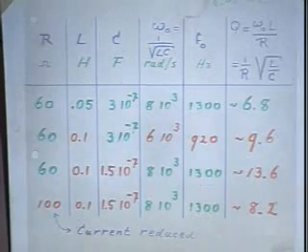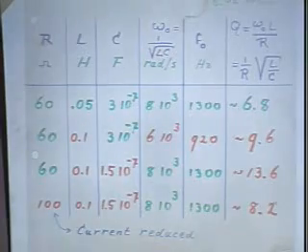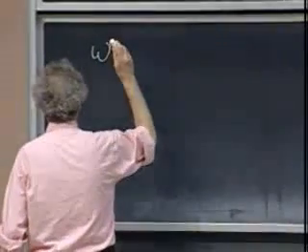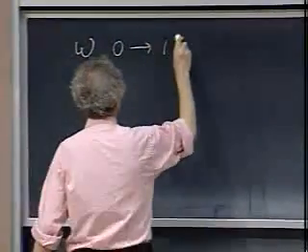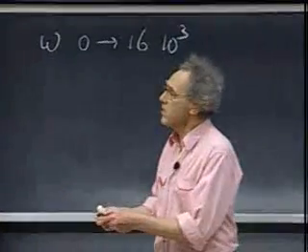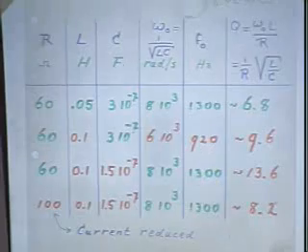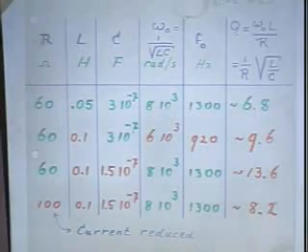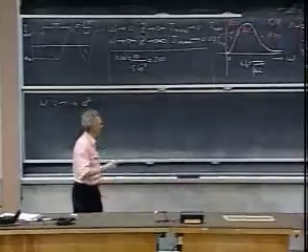And what I'm going to do now for you is I'm going to sweep the input frequency from 0 to 16,000 radians per second. So my omega can go from 0 to 16,000. And I leave the values as they are here. So I'm going to sweep over this 8,000. And so you're going to see that curve, except that I'm going to show you I as a function of frequency, not I max.